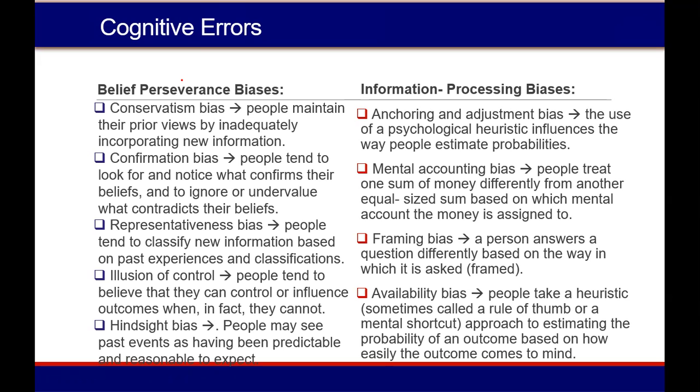Information processing biases are not related to belief, rather they are related to how we process information in our mind. Sometimes we are inclined to anchor on a number, or we make decisions by thinking from past numbers, and we do not like to think of absolute numbers.